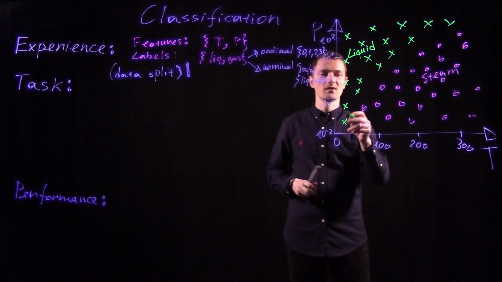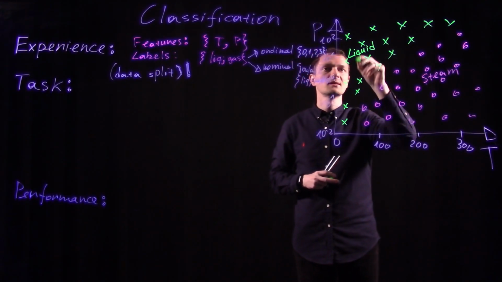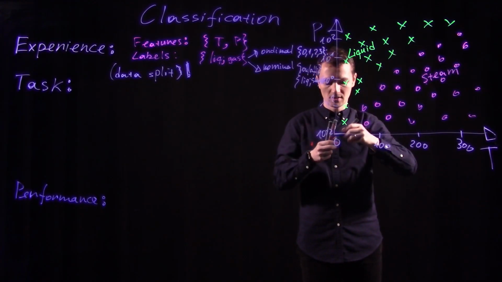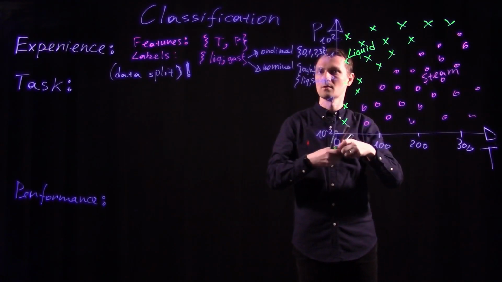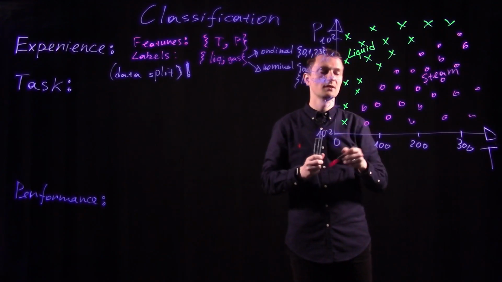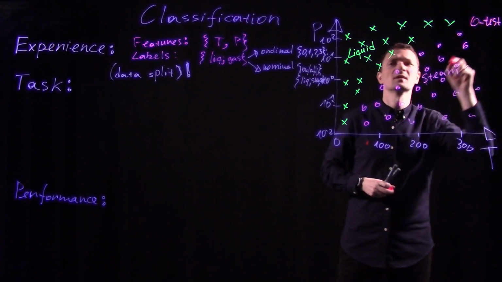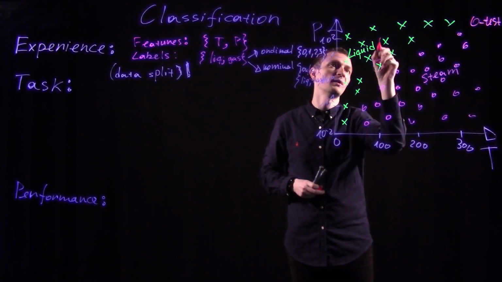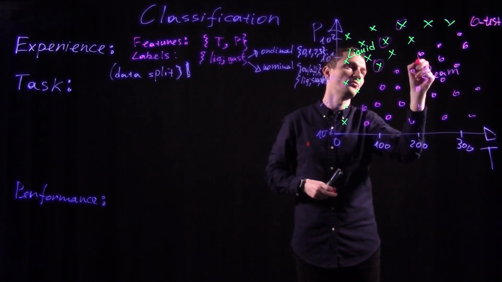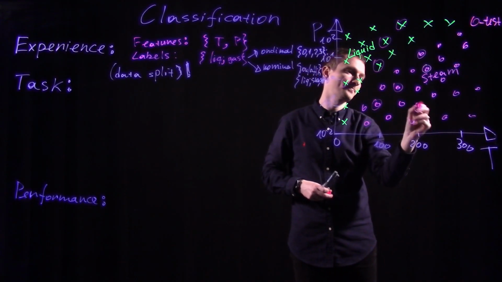In this case, we will also randomly select some, let's use this color, for example, for test, but in this case from both classes.